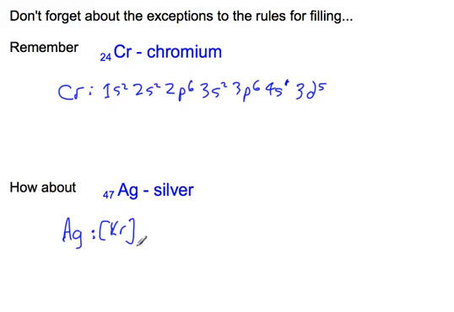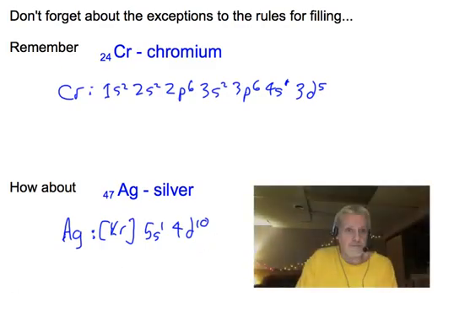Again, silver lies in what would appear to be the 5th energy level, so we're going to go 5s2. Now we're into the 4d block, and we'd go 4d9. But remember, this is an exception. So it actually ends up like this. Remember what we do for that exception? We end up going 5s1, 4d10 to give us the filled d subshell. And that concludes this video on electron configurations.